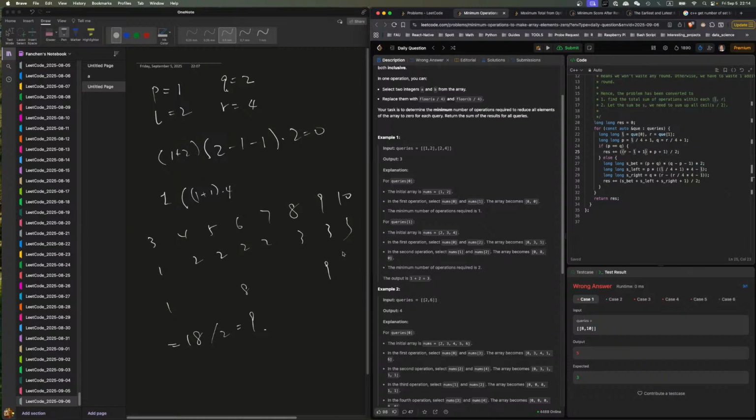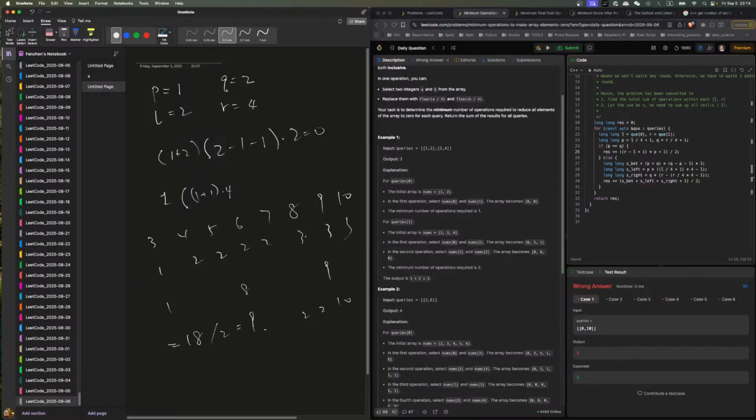Wait, hold a second. This requires 3, this requires, so if you select 2 integers, right? You divide by 4, 1 operation. So 1 operation, that's going to be 2 to 10. No, this requires 2 operations. 8 divided by 4.